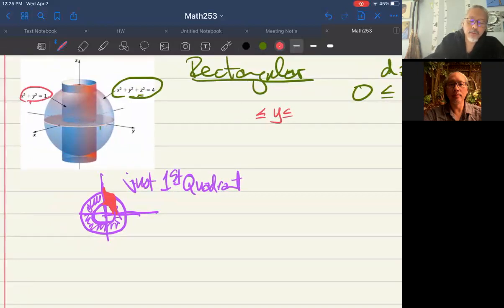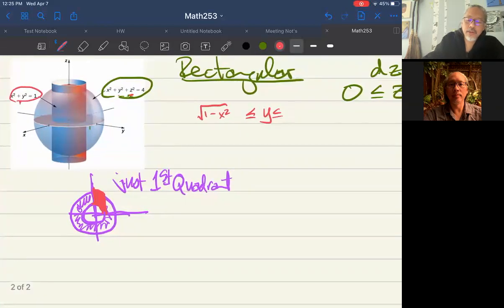If you solve for y there, you get the square root of 1 minus x squared. Then we go to the top part of the circle, which is the sphere when z is equal to 0. If we solve for y there, we get the square root of 4 minus x squared.